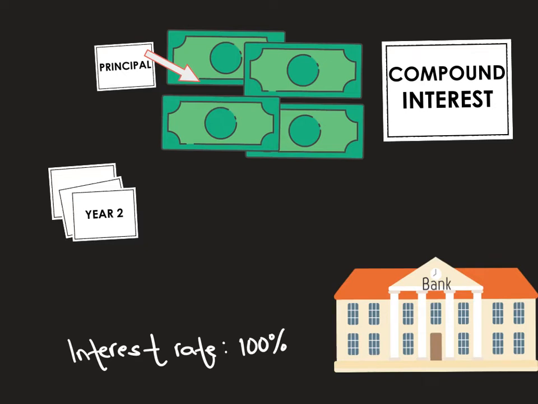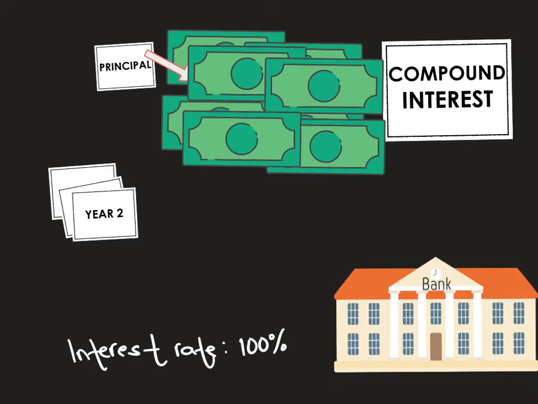We are going to get $400, another $400 to put in the bank. And we're going to take all of our money and we're going to put it into the bank. Here we go.